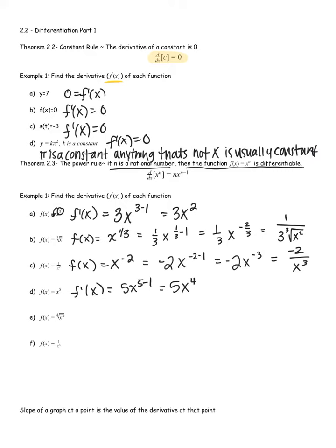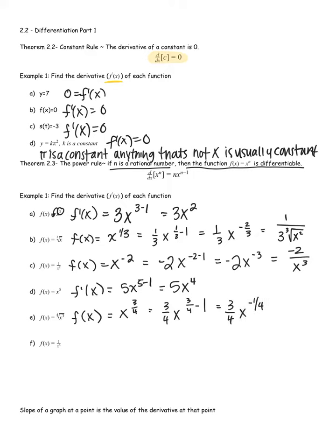E, we need to change it. So we're going to change f of x to the 3 over 4. We multiply the power to the front, and then we subtract 1. Sorry, I'm going to show that I'm actually subtracting 1. 3/4 minus 1 gives me 3/4 x to the negative 1/4.